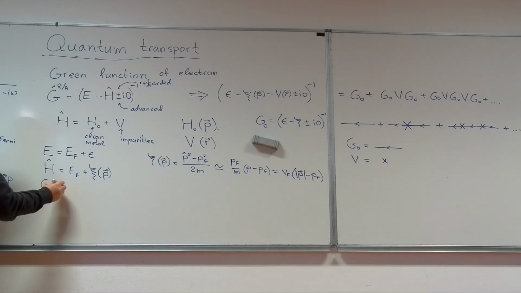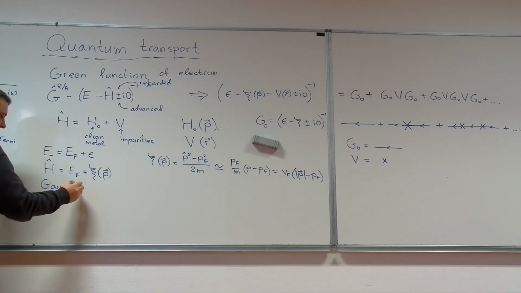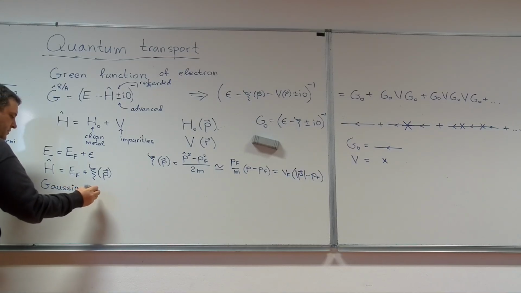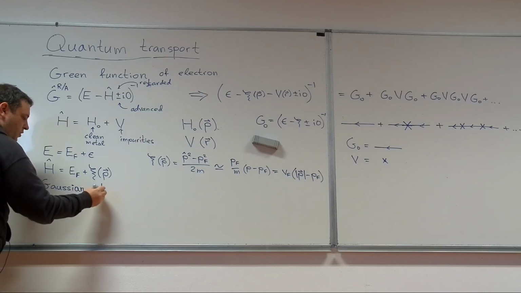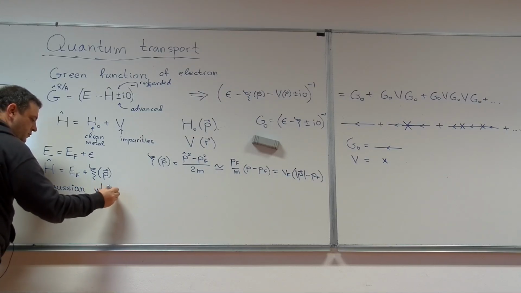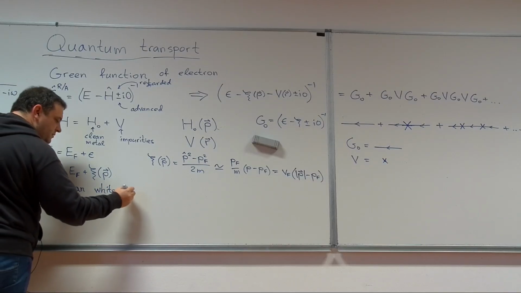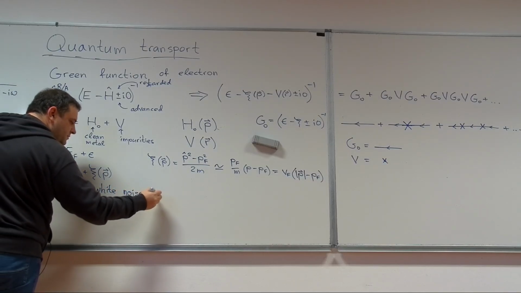It's a very standard model which is used almost always. It's called Gaussian white noise disorder.